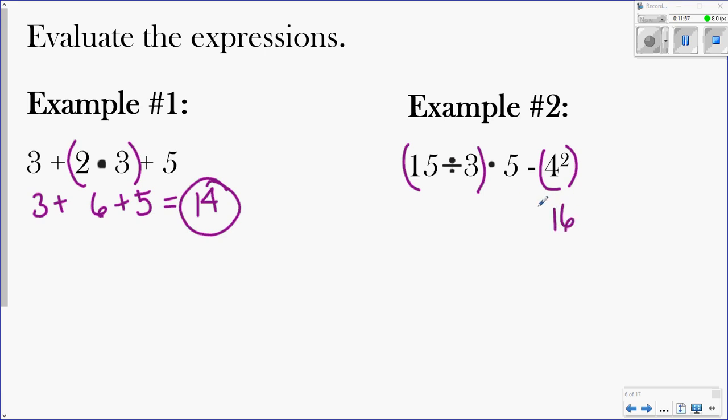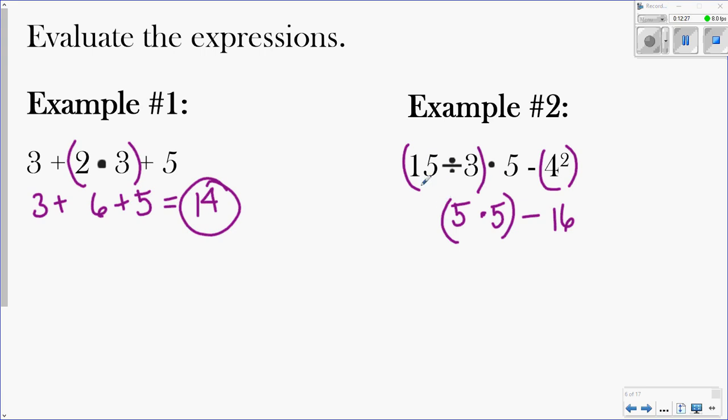This is 16. This gives me 5, and then times 5, bring down this. So all right, now you notice that I did the division first. I know with PEMDAS this is M, and then D, but when you have either plus and minus together, or you have division and multiplication together, whoever comes first is who you deal with first.